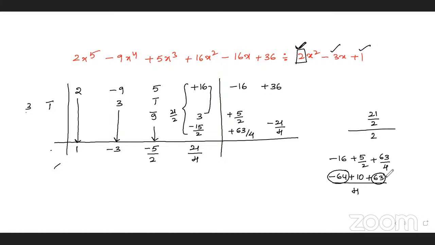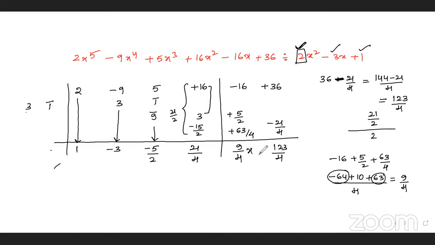So totally minus 1 plus 10, that is 9 upon 4. So this will be 9 upon 4. Now plus 36 minus 21 upon 4. So that gives us 144 minus 21 by 4. So that gives us 123 by 4.